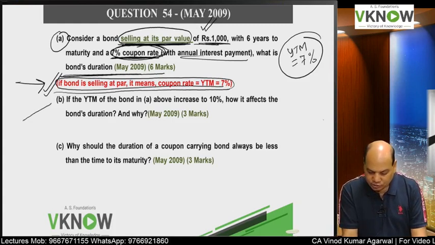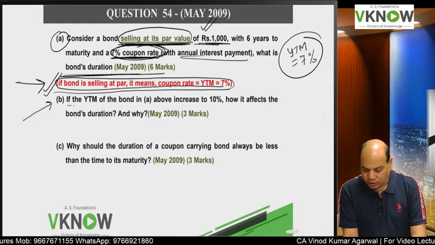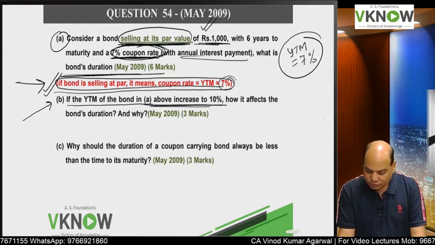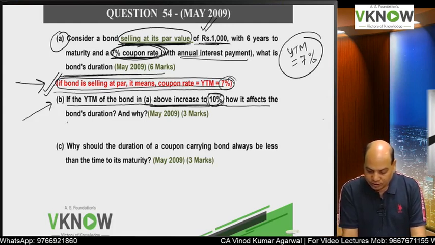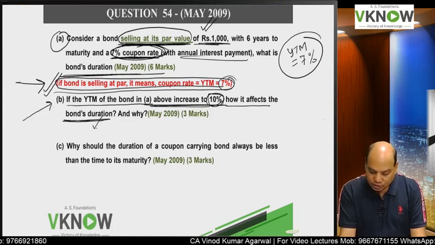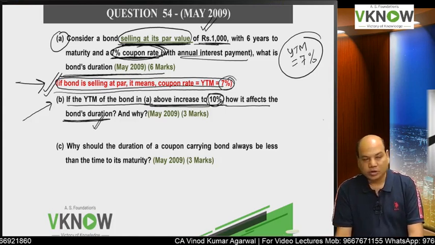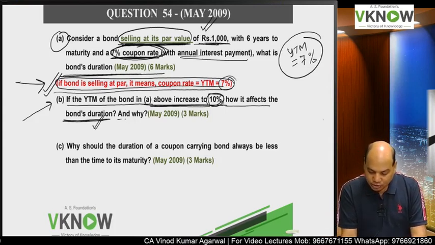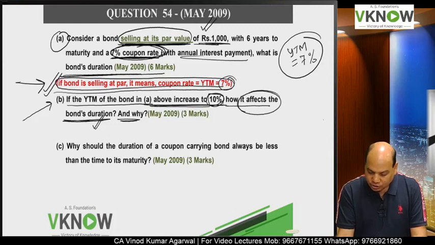Then they have changed the question suddenly. If the YTM of the bond in A above increases to 10%, earlier it was 7, now it is going to 10, how it affects the bond's duration? So recalculate the duration of the bond by using 10% discount rate, and the question is why the duration has got affected.